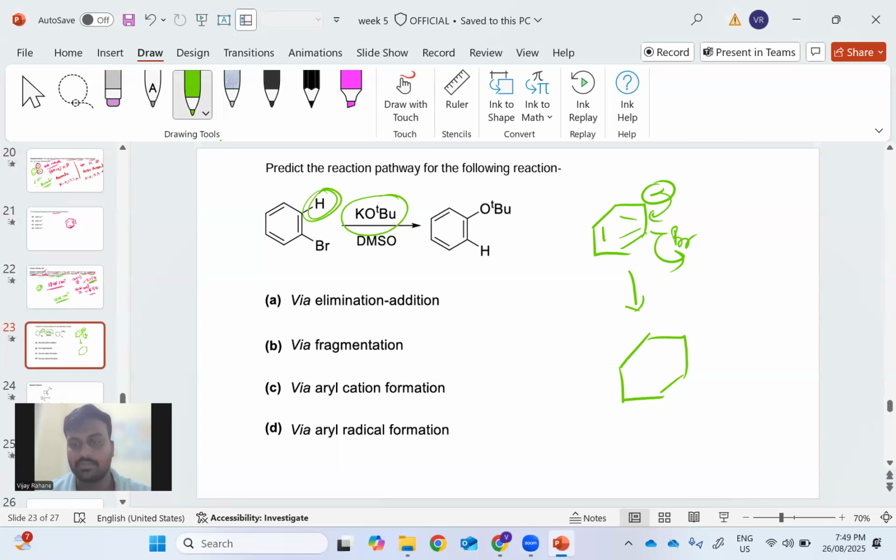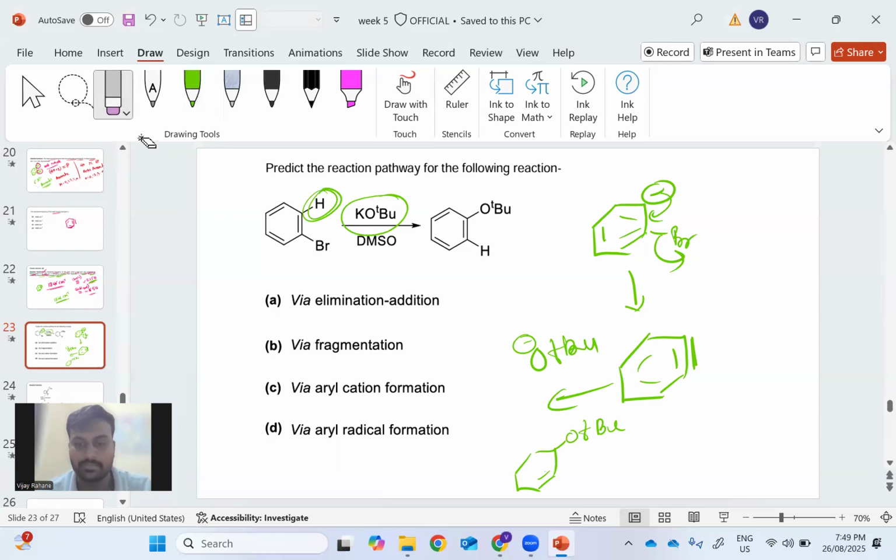So there will be a benzyne intermediate formation, and then we obviously have OtBu negative. Obviously the further step is the abstraction of a proton. So I will draw it stepwise, otherwise you may get confused. Now this is what, and there was a negative charge. Now the proton.